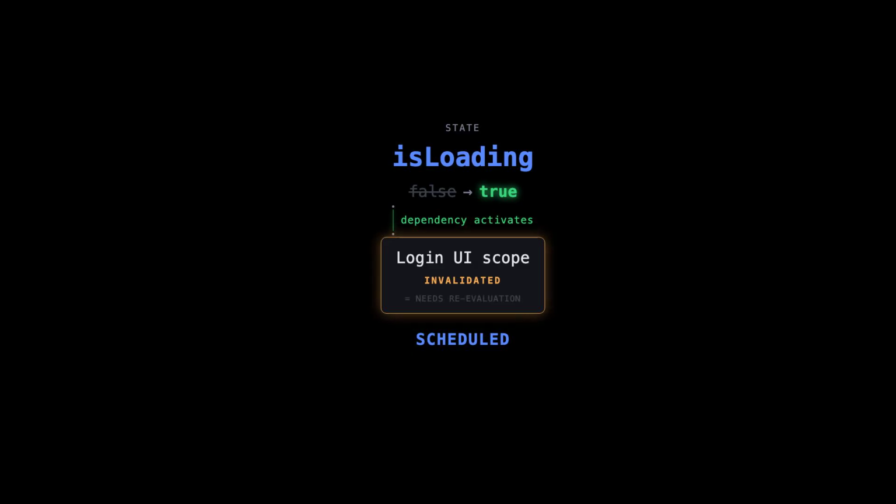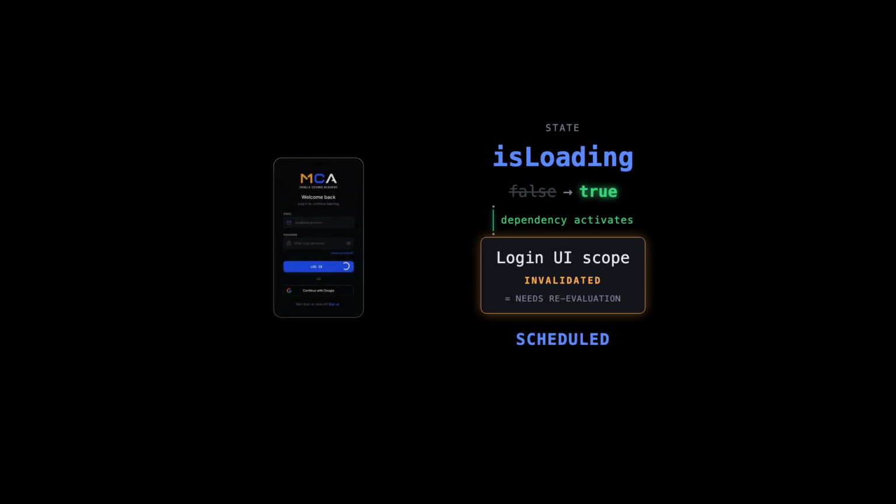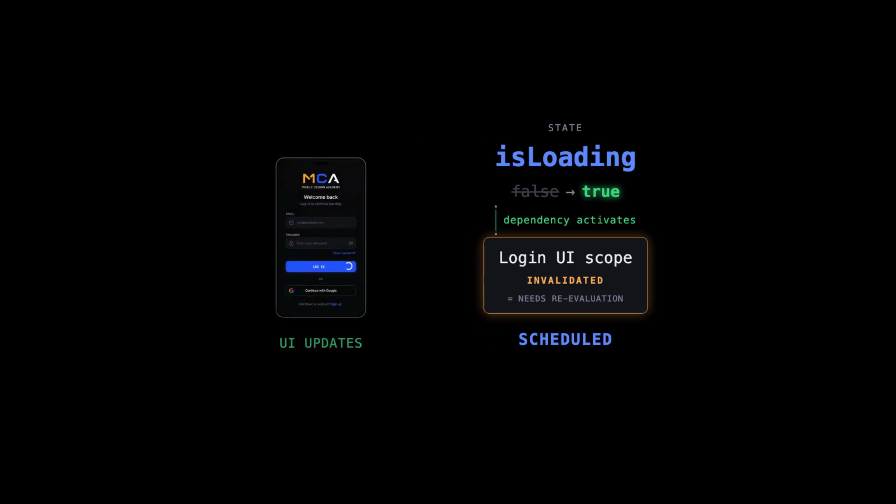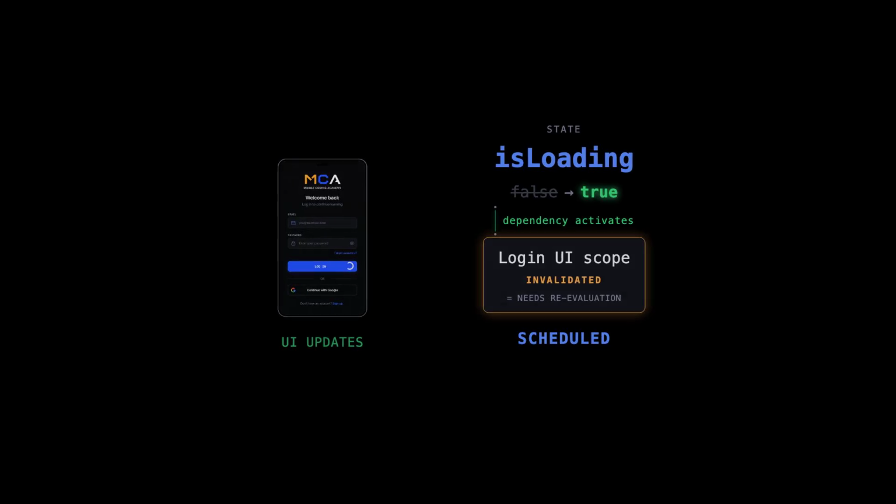Not at all. Invalidation just means that specific dependent composition work is now considered out of date. It's like a flare going up saying, hey, I need an update. Got it. So it doesn't run right that millisecond? Right. The runtime coordinates it within its rendering pipeline. It waits for the right moment, then evaluates just that UI block again to reveal the spinner.